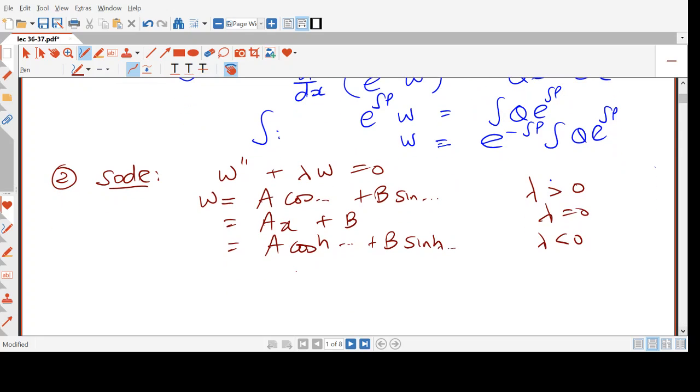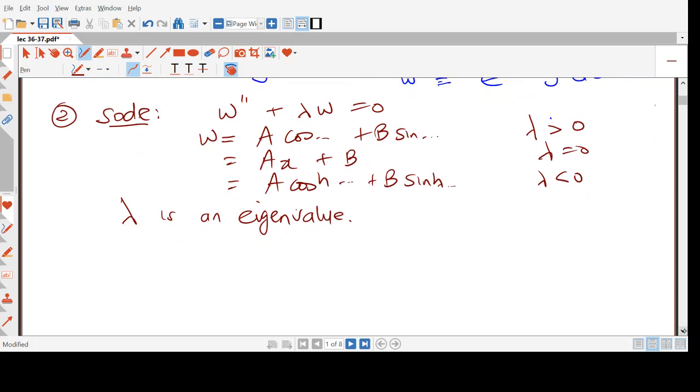The lambda here, notice, is an eigenvalue. So when the eigenvalue is negative, the coefficient of w is negative, so then you will have cosh and sinh. So we will need this a little later on in the game.